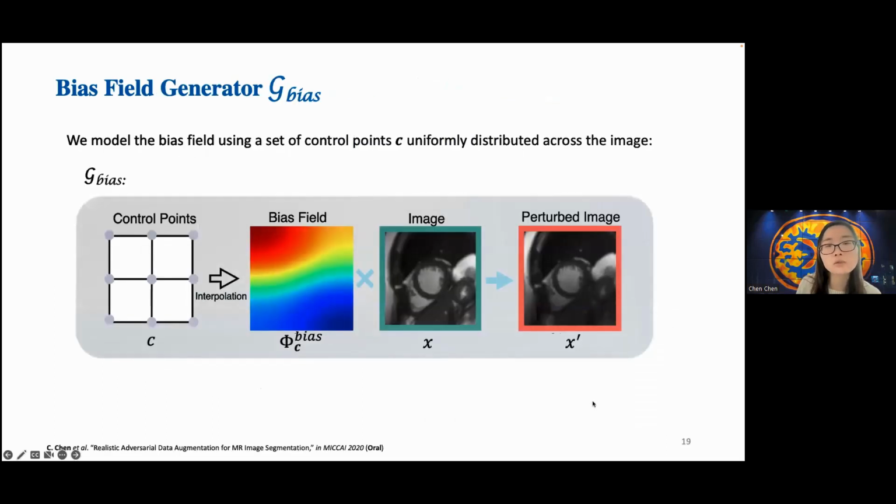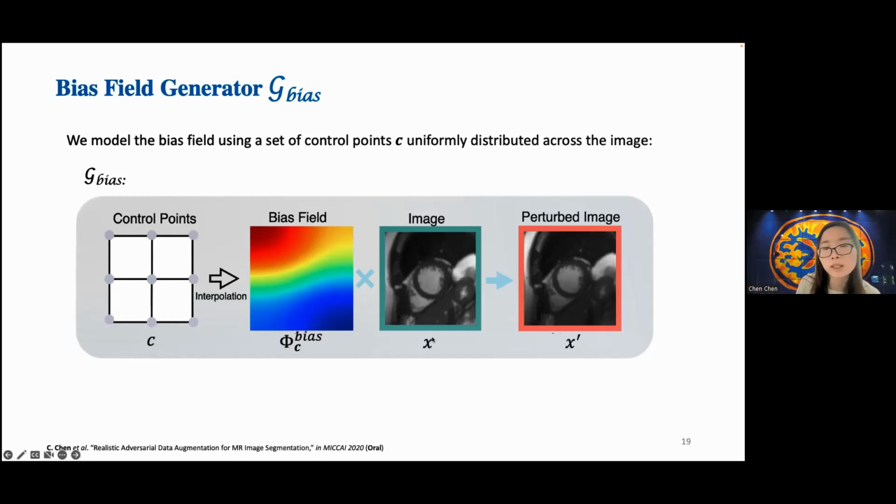To model this type of bias field, we introduce a very simple bias field generator, a physics-based transformation model parameterized by a set of uniformly distributed control points. Specifically, given a set of control points, we randomly sample values over these control points, and then apply a B-spline interpolation kernel to generate a positive bias field at full resolution.